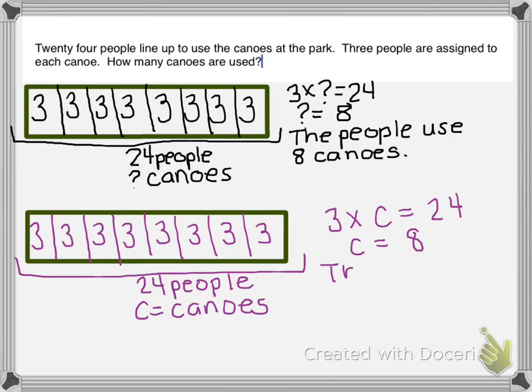The people use 8 canoes is still our target sentence. You can see that changing the unknown to a letter, in this case C, does not change the result of our problem. Let's try again, but this time with a division problem.